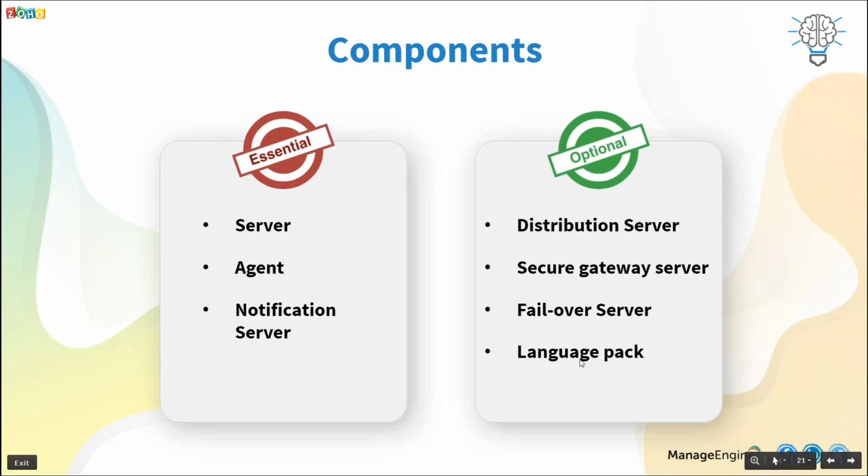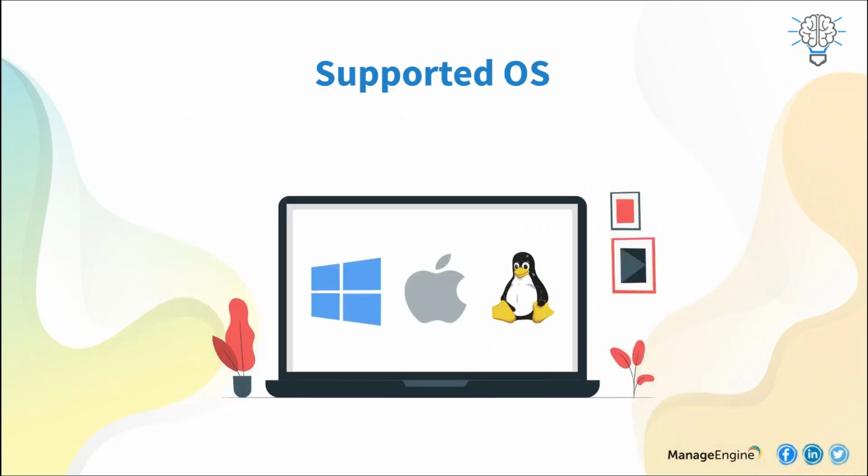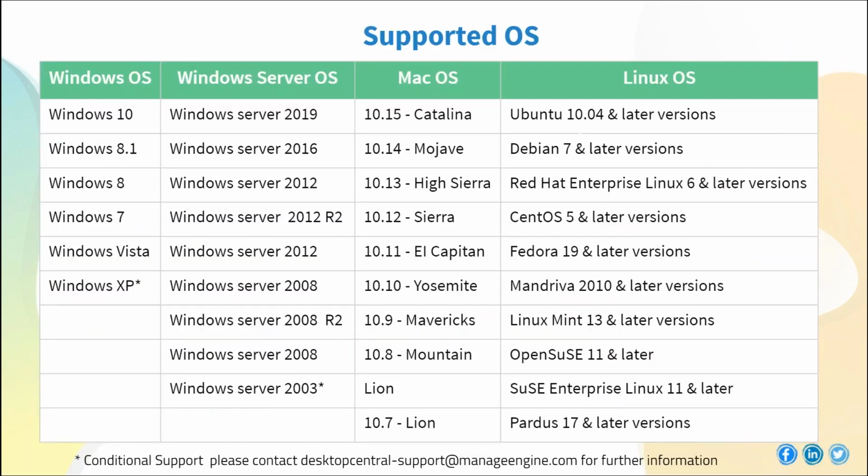The components are done. Now, what operating systems do we support? We support these three operating systems for now: Windows, Mac, and Linux. So please find the list of operating systems.